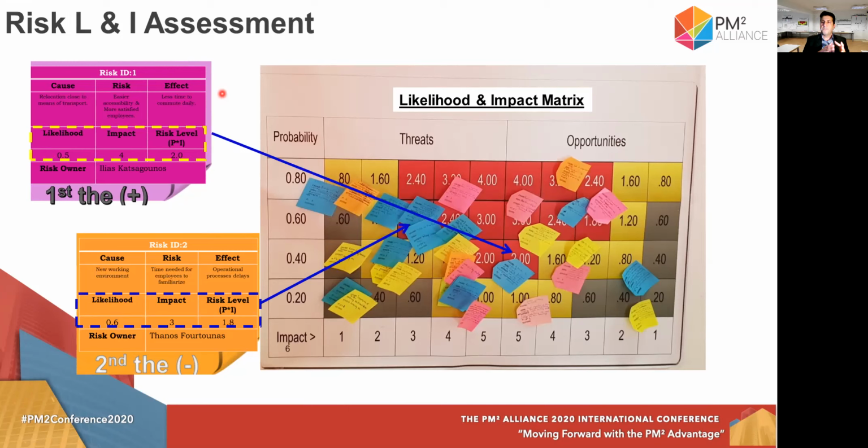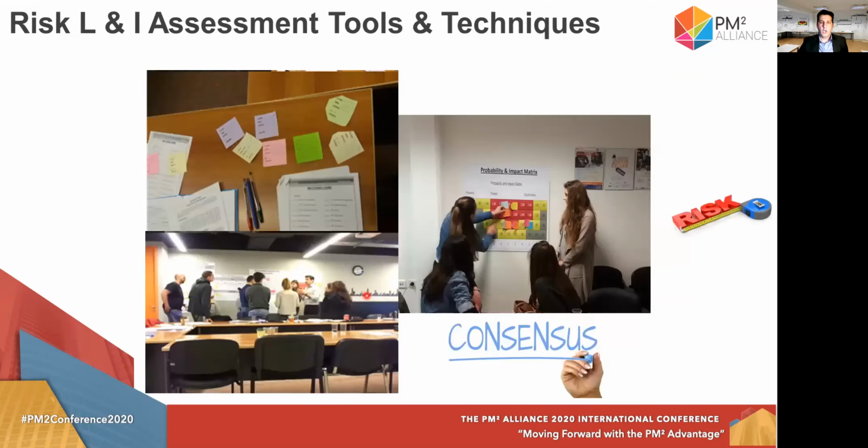And according to the estimation of likelihood and impact, and multiplying them in order to find the risk level of that risk, you are placing them in the specific point of the likelihood and impact matrix. It is like a map of where the likelihood and the impact are. And you can see here, it is separate for threats and another one for opportunities.